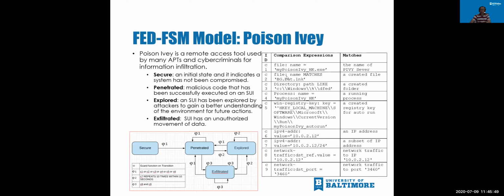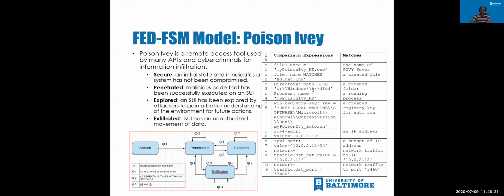The second comparison expression, or pattern, is the created file. The third is a created folder. The fourth is a running process. Also this indicates a registry key for auto run. And here is the IP address, a subset of IP addresses, networking traffic, and this is the port number.